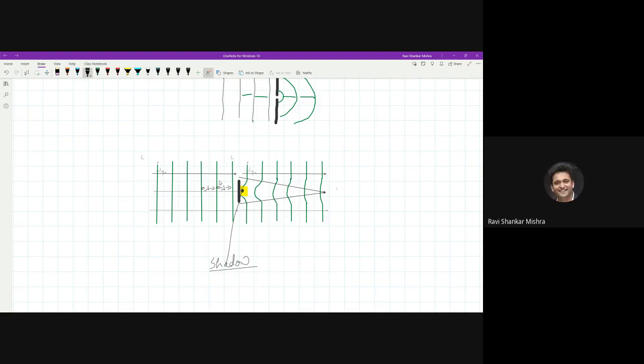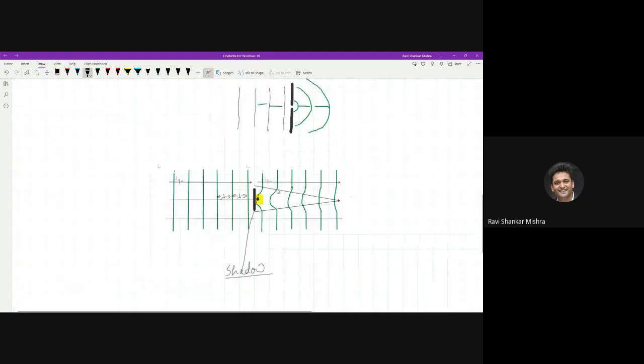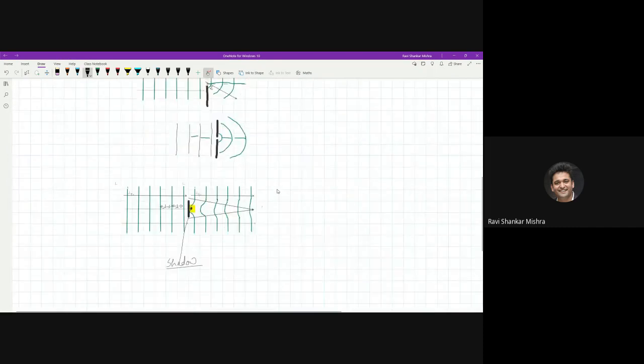Wherever there is a gap, the waves are not passing through; where there is no gap, the wave passes through, and at the corner it is bending. Here the movement is going to be very weak compared to where there is no hindrance. This is also a part of diffraction. So one more diagram you can draw in diffraction.